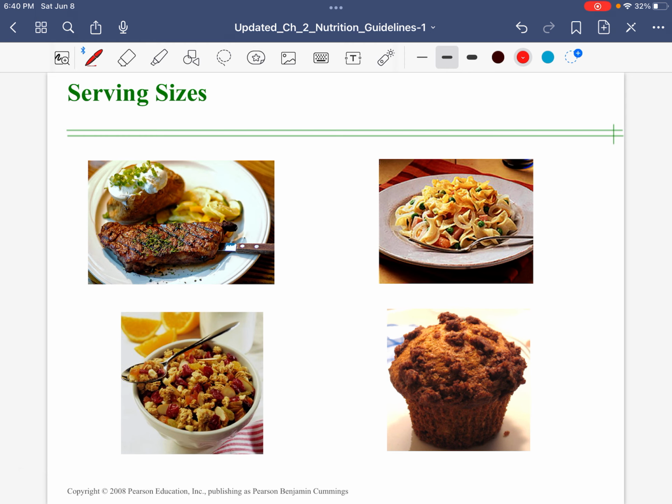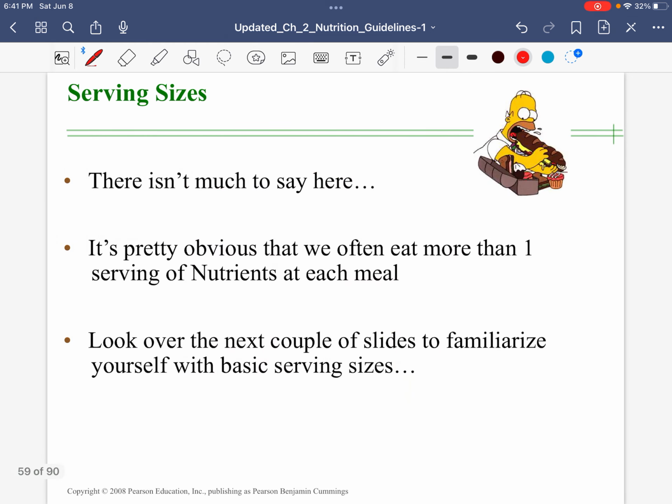All right, let's talk about serving sizes and then the nutrition label. When we talked about the RDAs, well, actually, let me stop that. In a minute, we're going to be looking at the nutrition labels, and the nutrition labels are given per serving.